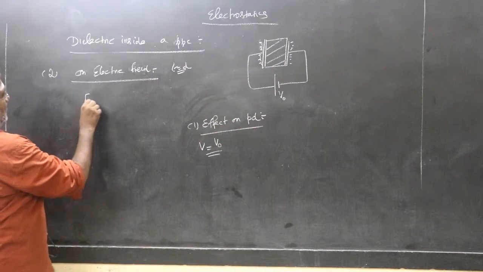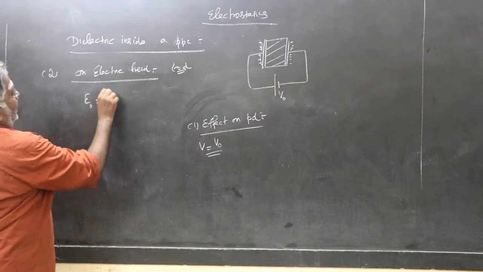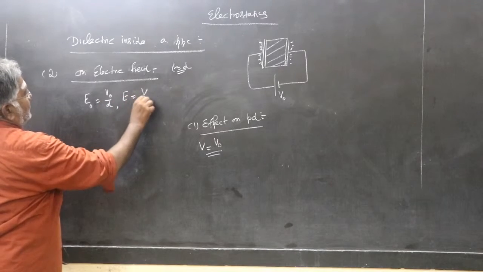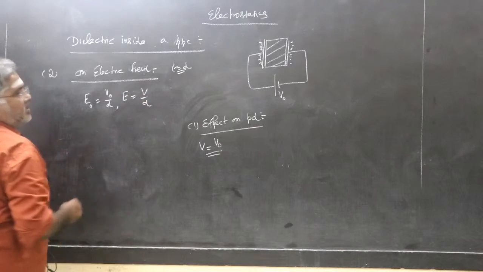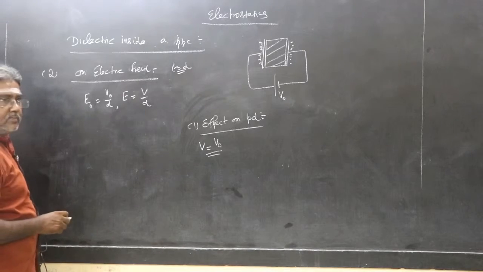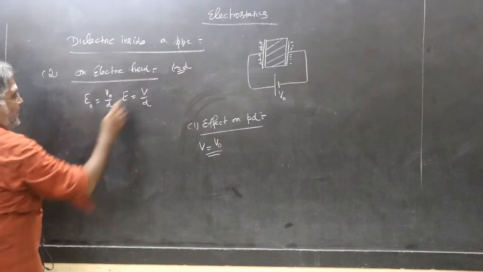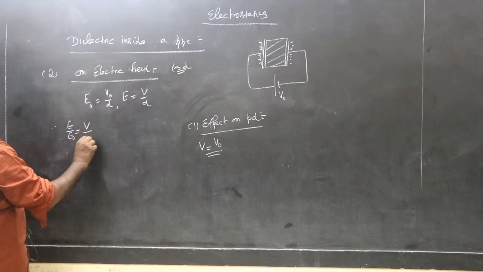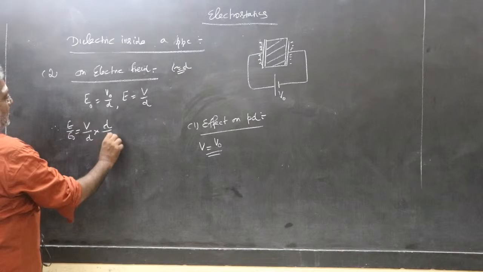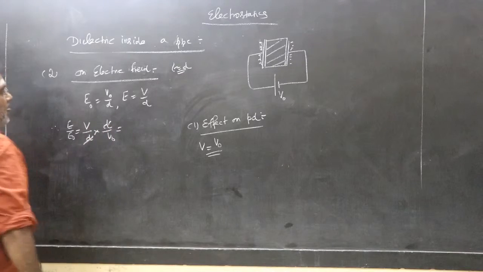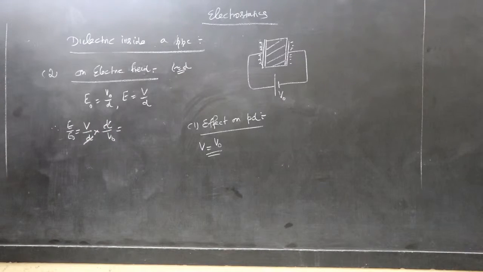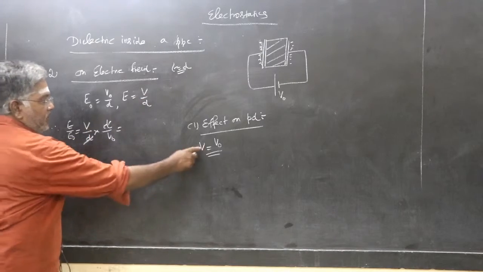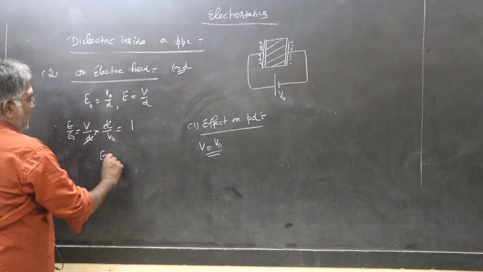So E0 is V0 by D and E is V by D, because T equal to D, don't forget it. Therefore E by E0 is V by D into D by V0, D cancels. So E by E0 is V by V0, but we already proved V equal to V0. So this will be 1, so E is equal to E0.